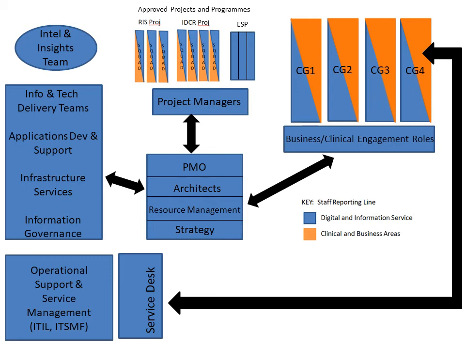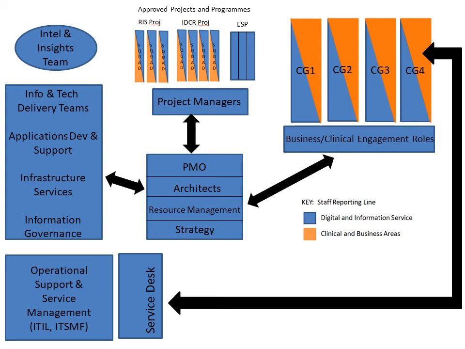This area has one foot in the IT technical camp and one foot in the care group and corporate business camp. Once they've determined that, it is this function who will then commission and work with teams here to actually get stuff delivered.